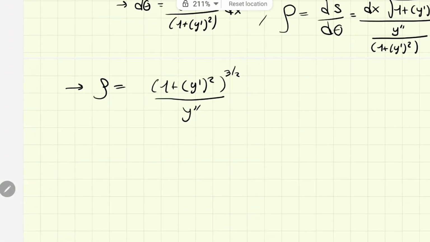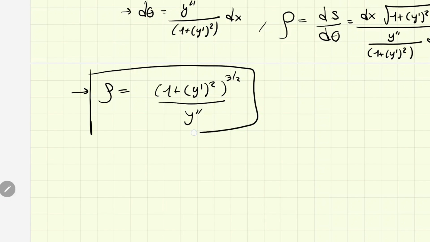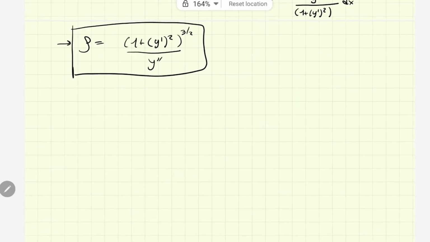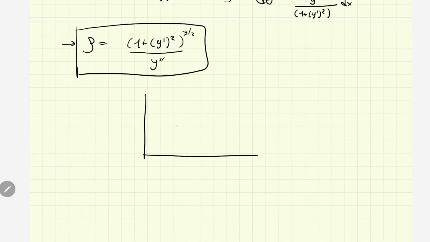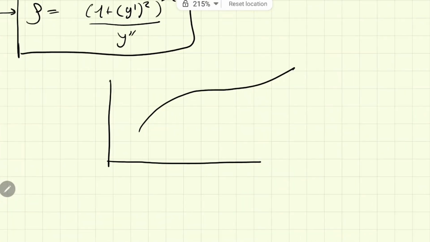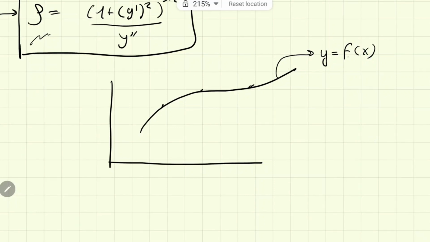Perfect. So with this, we have the expression of the curvature of a function y equals f of x at any point. Recall, if we have the function in the plane, we can find this value of rho for every point on the curve. So if we are given the function f of x, we calculate the first derivative and then the second derivative.